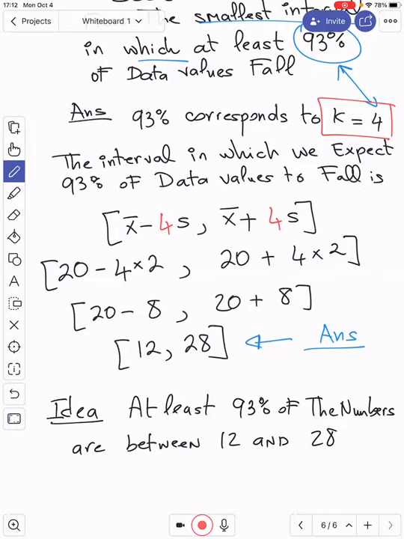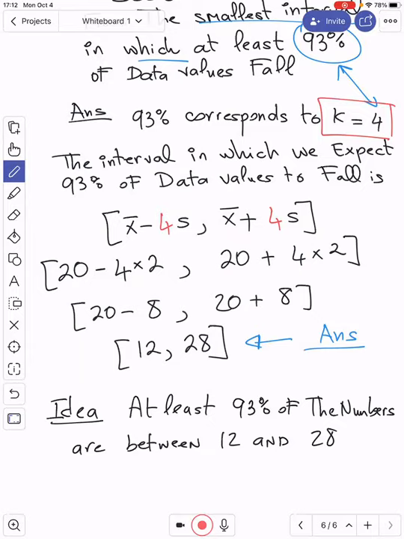For example, if you have 100 data values or 100 numbers, 93% of 100 will be 93 numbers. So if you have 100 numbers, then you expect that at least 93 numbers are actually between 12 and 28.